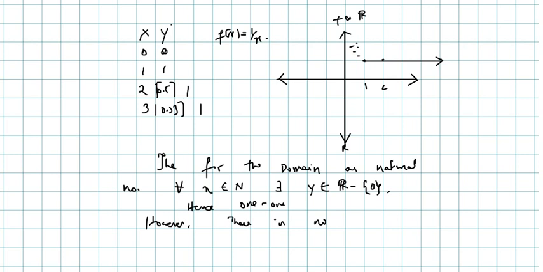So we can write this way: for y element of R minus 0, for example minus y element of R minus 0, there is no pre-image in the domain N, hence not onto.